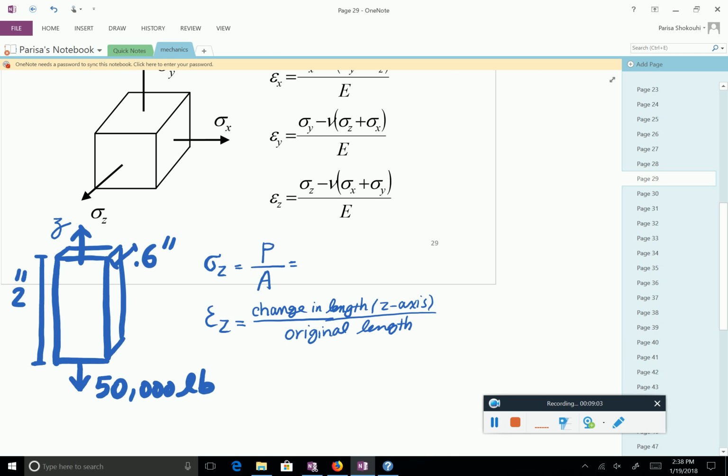And you can talk to your neighbors. When we solve examples in the class, it is more like a workshop. You can communicate with each other, you can ask me questions. Don't forget the units.